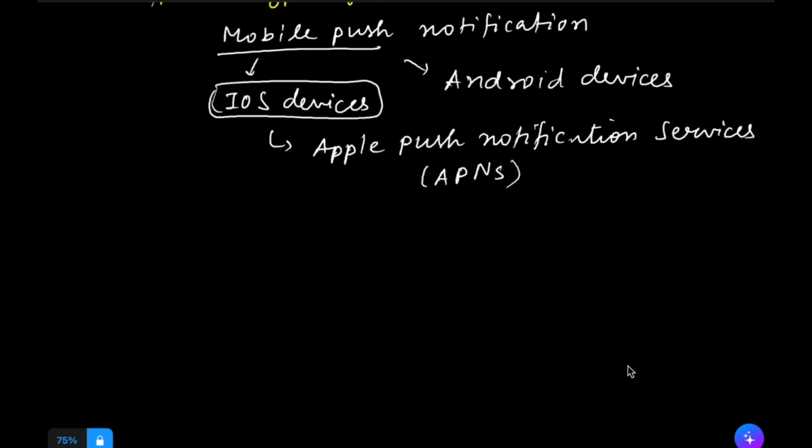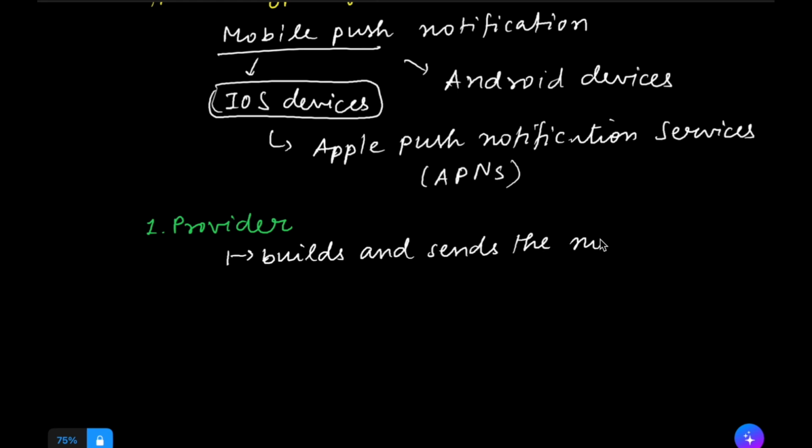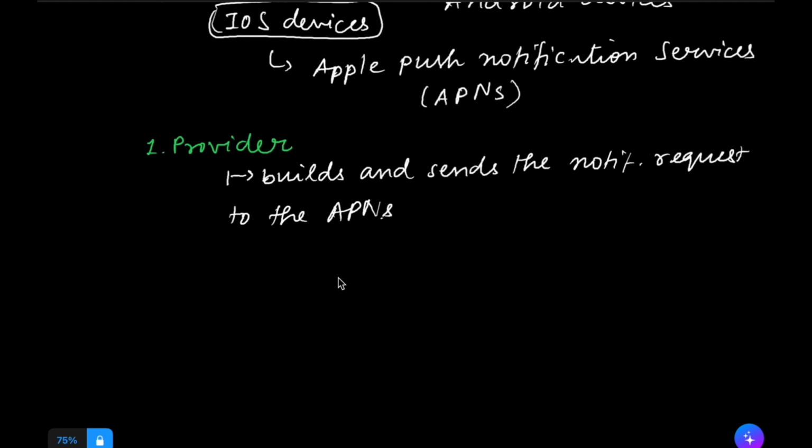One is the provider. What is the role of a provider? It builds and sends the notification request to the APN. So it triggers or builds the notification and sends it to the APN. And what does it comprise of?